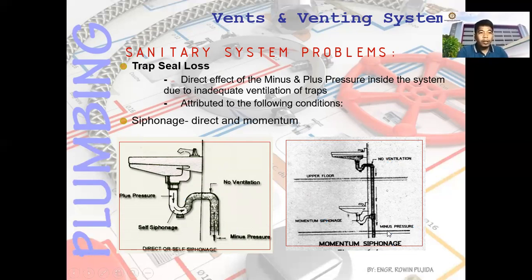So for siphonage, there is no ventilation here. You have no venting system here. The water just flows through the pipes. Okay? So there is no standing water in your traps.